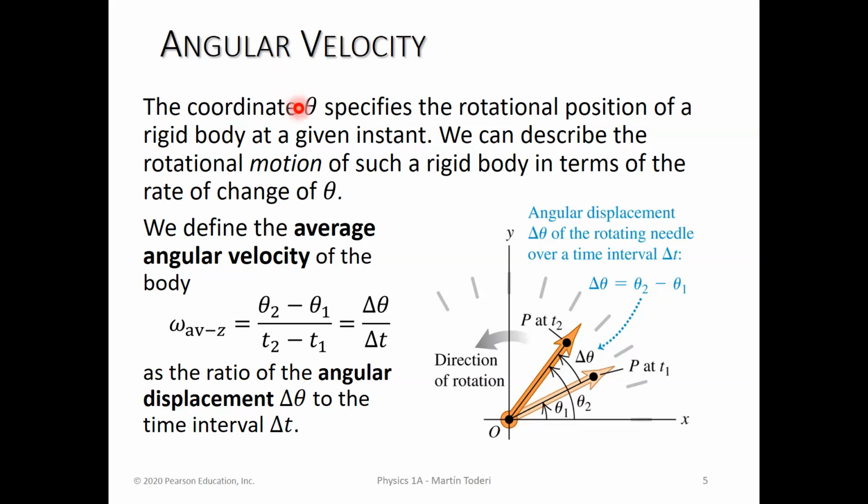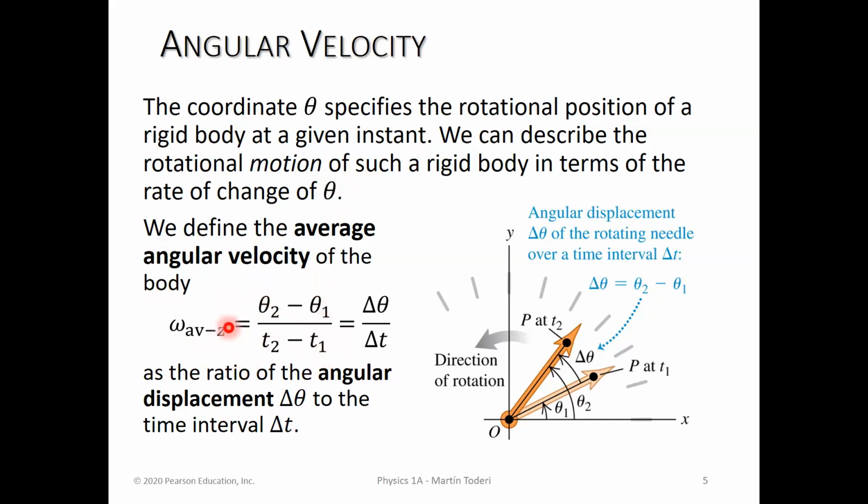So in this case, we're looking at the angle, but the mathematical treatment would be exactly the same, because this is basically a coordinate in mathematical terms, right? So we can describe the rotational motion of that body in terms of the rate of change of theta. Basically the same thing that we did before. So we can define the average angular velocity of the body as the variation of that angle theta over time.